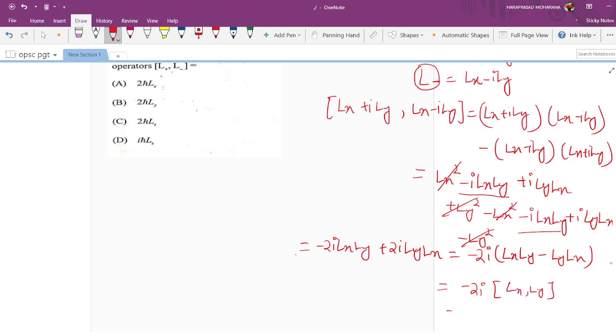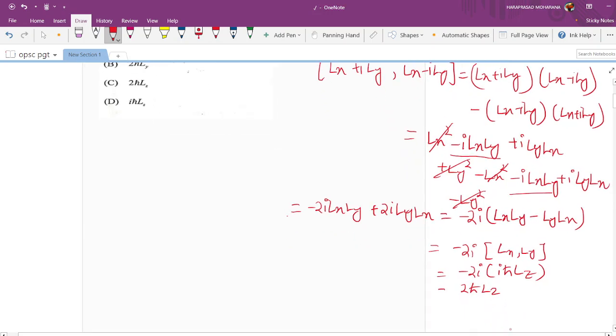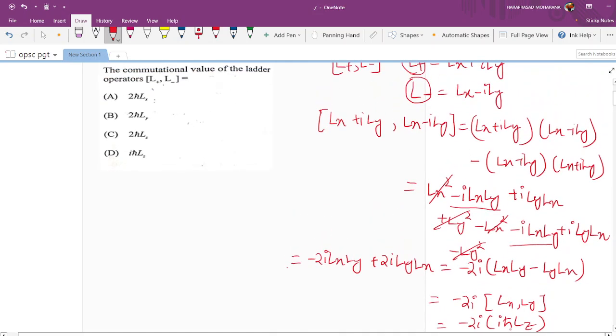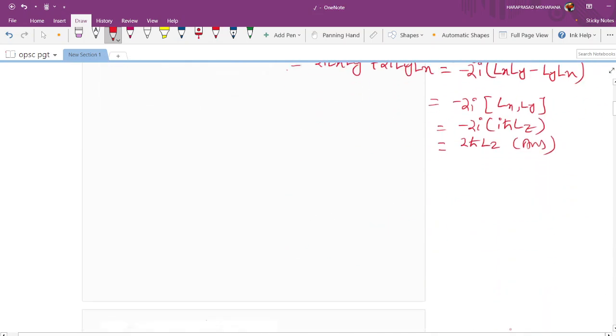I can write it, and you know this result is what? Minus 2i times i h cross Lz, isn't it? Yes. And i square is minus 1, so 2 h cross Lz is your final answer. In the options, I have C. Option C is the correct answer for us.